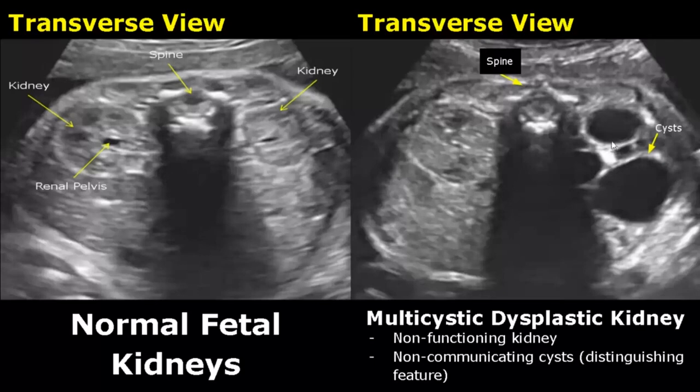The main distinguishing feature is that it has non-communicating cysts. That means that the cysts are separated from each other and are not connected in any way. This feature helps us to distinguish it from hydronephrosis, which has communicating cysts.